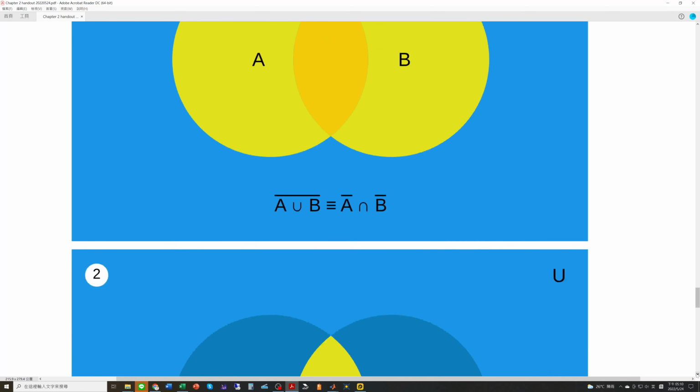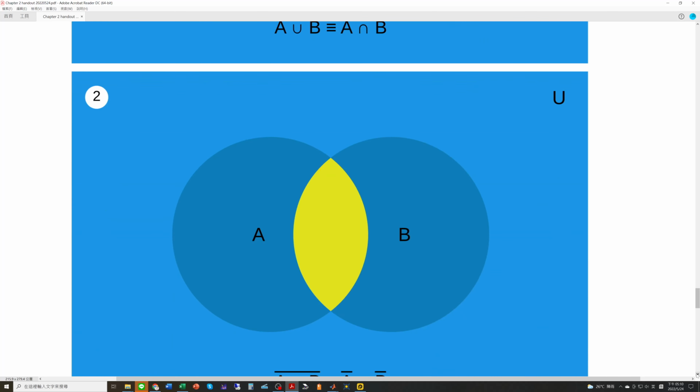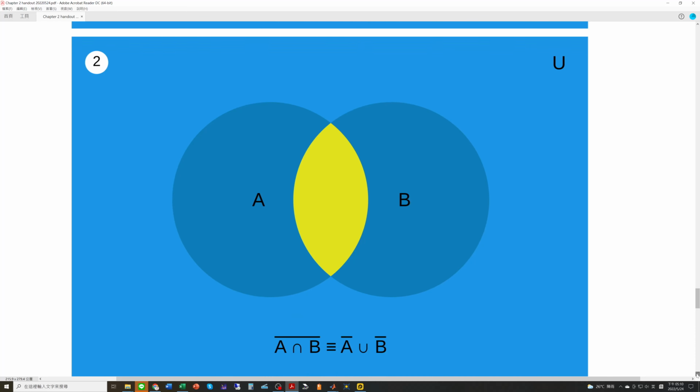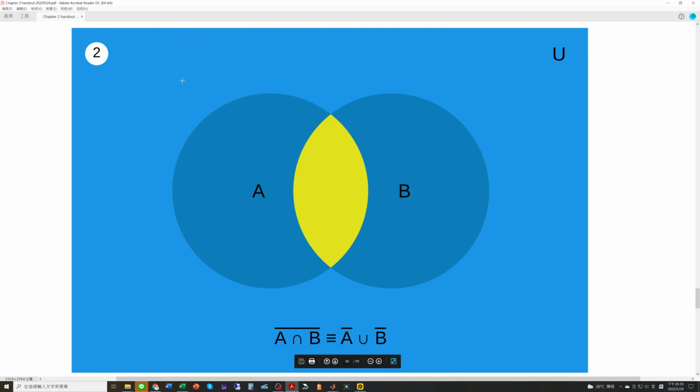Next, let us see the second figure. In the second figure we also have a blue rectangle U, which is the universal set. First let us compute A intersection B. This is the set A intersection B, and the complement of A intersection B is the blue part.